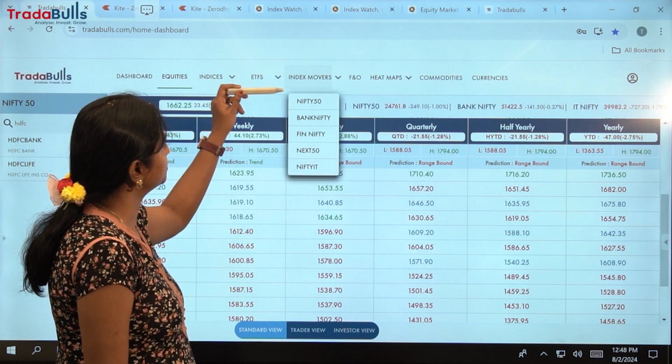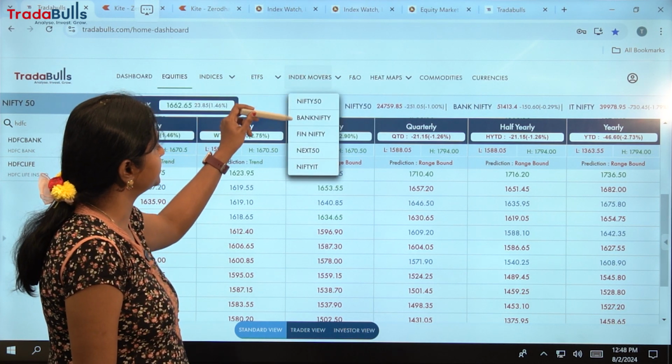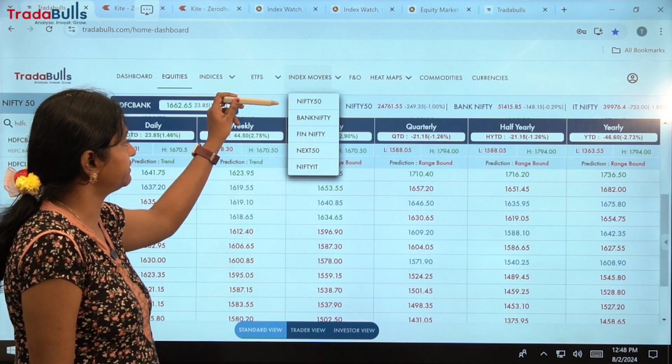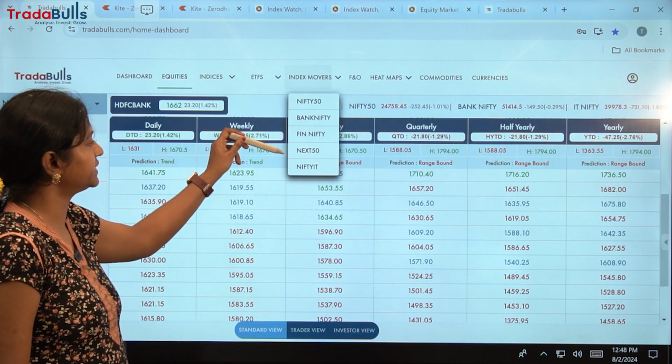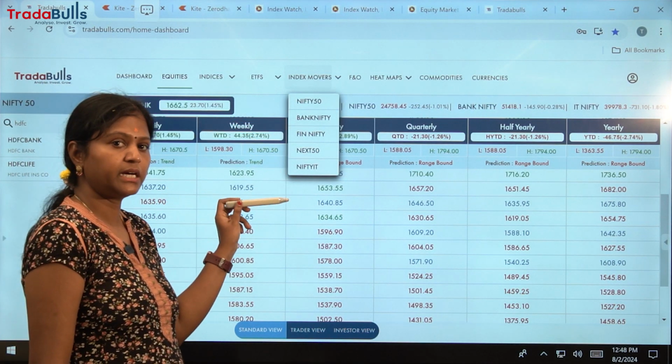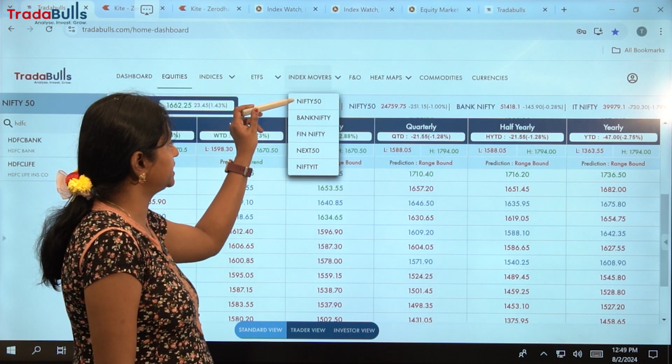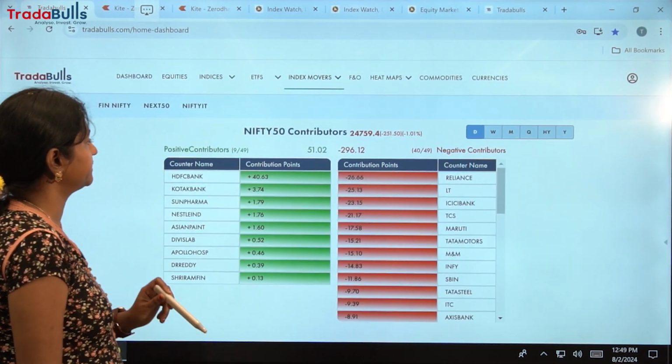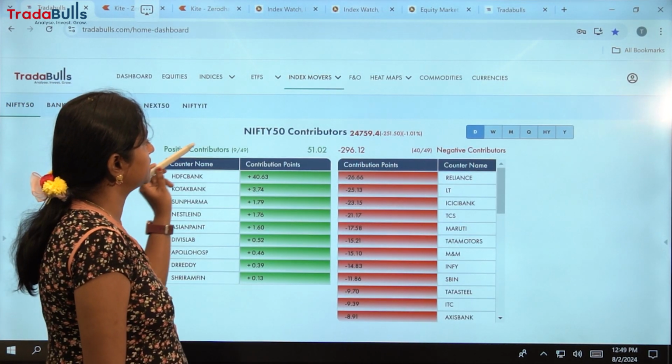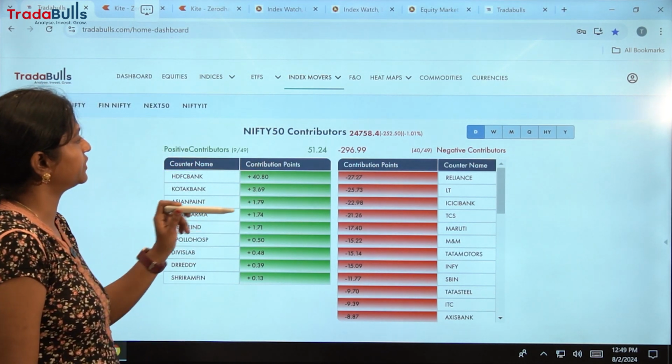When we go to index movers, we have the major indices: Nifty 50, Bank Nifty, Fin Nifty, Next 50, Nifty IT. Today I'm going to select Nifty 50. In Nifty 50, these are the positive and negative contributions.